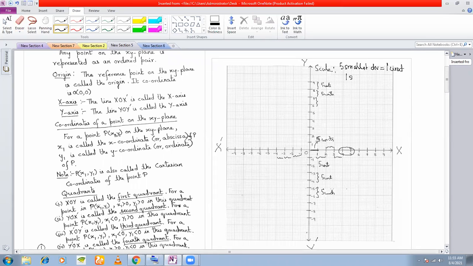That means one smallest division is how much? 1 by 5 unit, which means 0.2 unit.